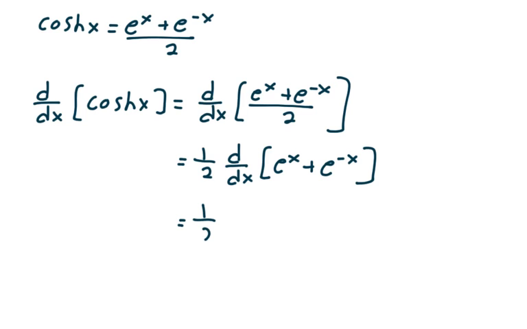And so this is 1/2 the quantity. The derivative of e to the x is e to the x. And again, this is with respect to x. Plus the derivative of e to the negative x with respect to x is e to the negative x times -1. Again, that's just chain rule. And so this is 1/2 of e to the x minus e to the negative x.